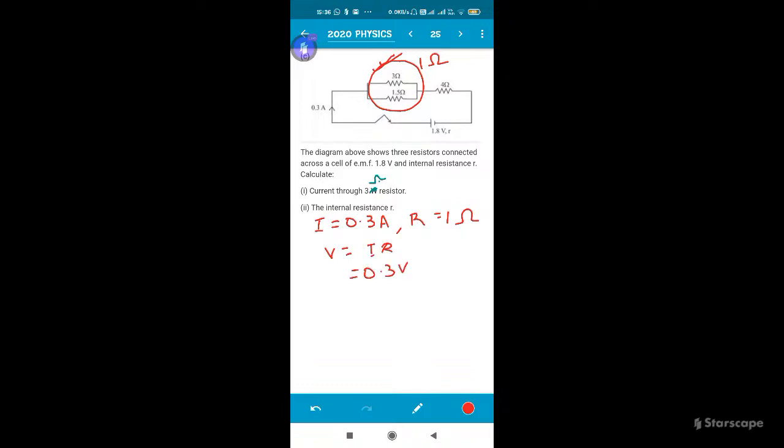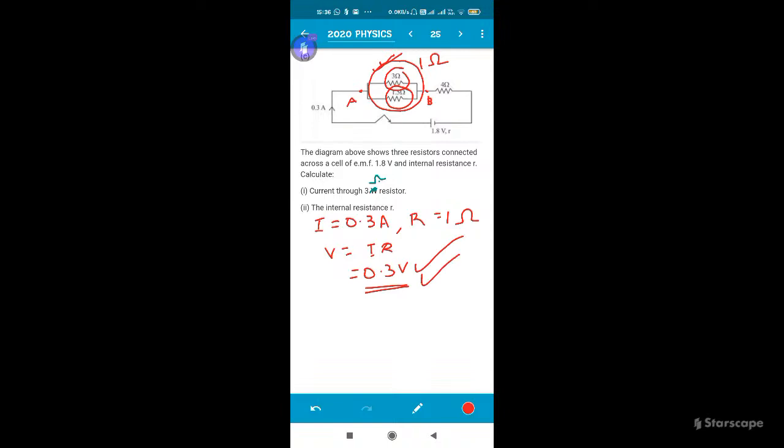That means if you consider 2 points A and B across the parallel combination, they will have a potential difference of 0.3 volt. Now the potential difference for a parallel combination is same. That means for the 3 ohm the potential difference is 0.3 volt. Similarly for the 1.5 ohm resistance, the potential difference will be 0.3 volt. I hope this is clear to you.